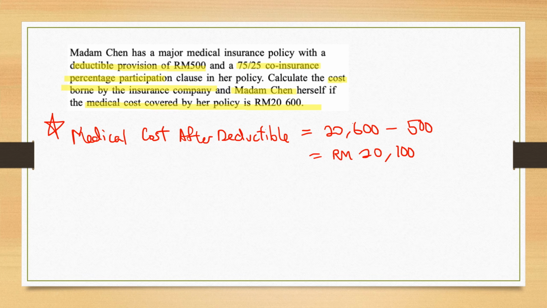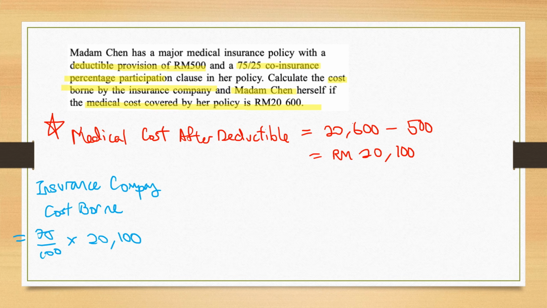The cost borne would be 75 over 100 times the figure that you discovered, 20,100, so the final amount will be 15,075 ringgit. There you go. That's your insurance company cost borne for 75%.